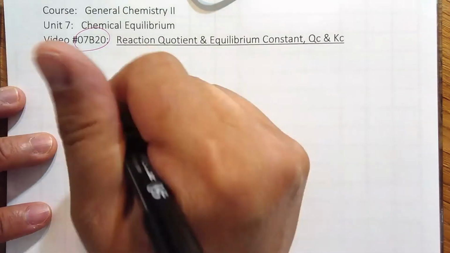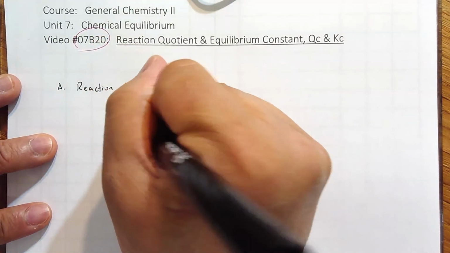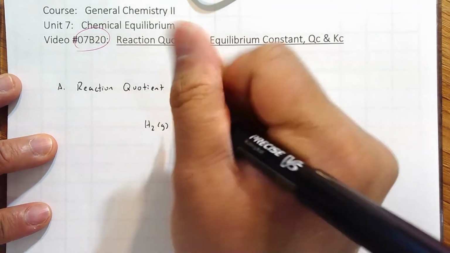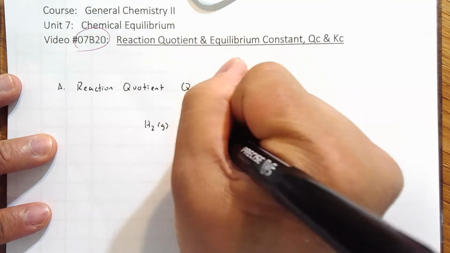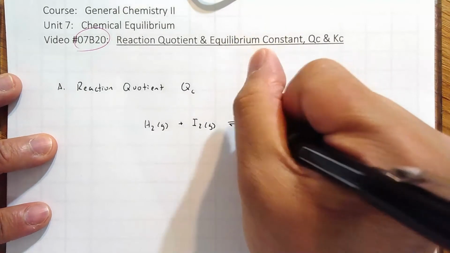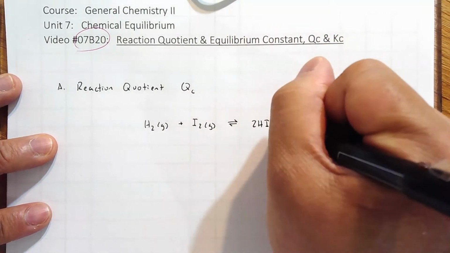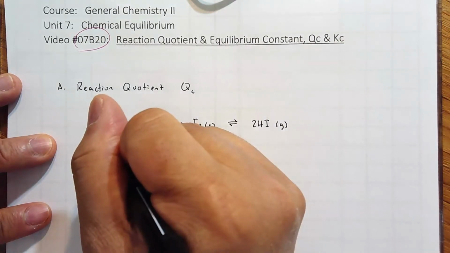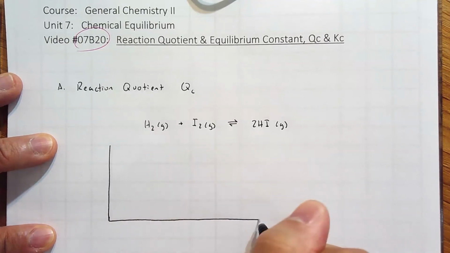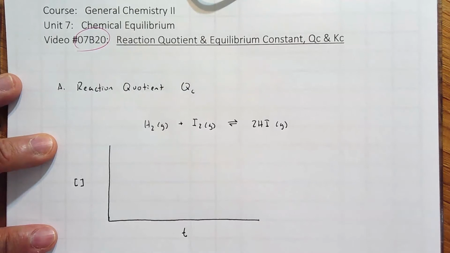I want to remind ourselves about equilibrium, in particular dynamic equilibrium, from a reaction that we saw in a previous video. You have this equilibrium arrow, and you create 2 moles of HI per reaction. And we had something like this graph, where you have time and concentration.